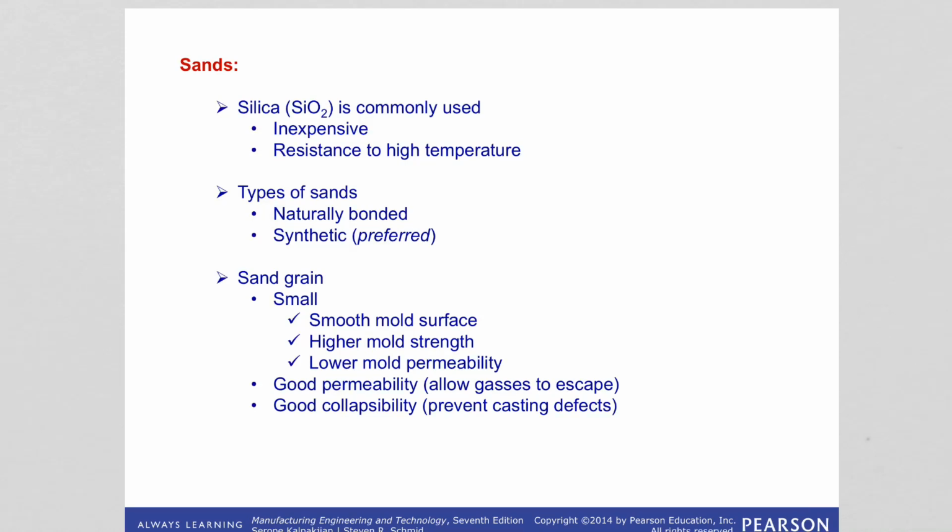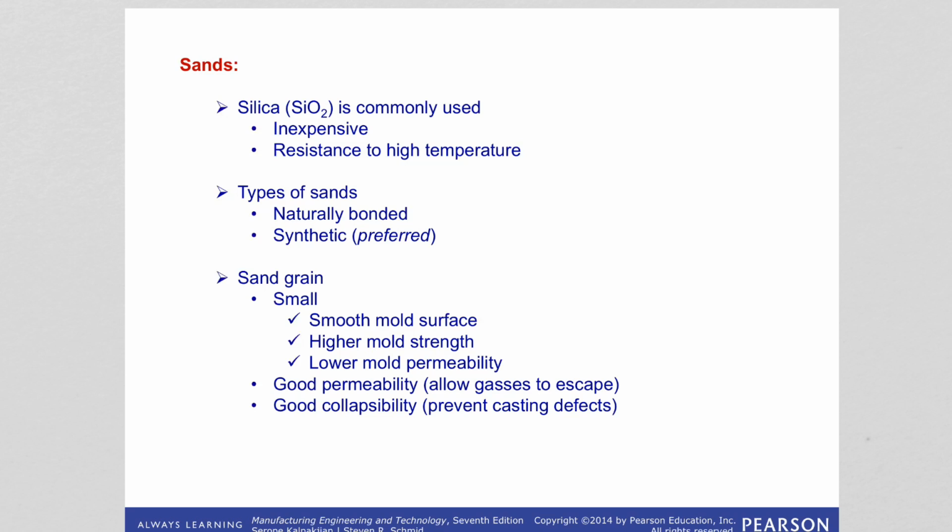The properties of the sand are also very important. If the sands have fine round grains, they can pack more closely, and therefore your mold will have a smooth surface. Fine-grained sand also enhances the mold strength, but fine grains, on the other hand, have low mold permeability. So what is permeability?